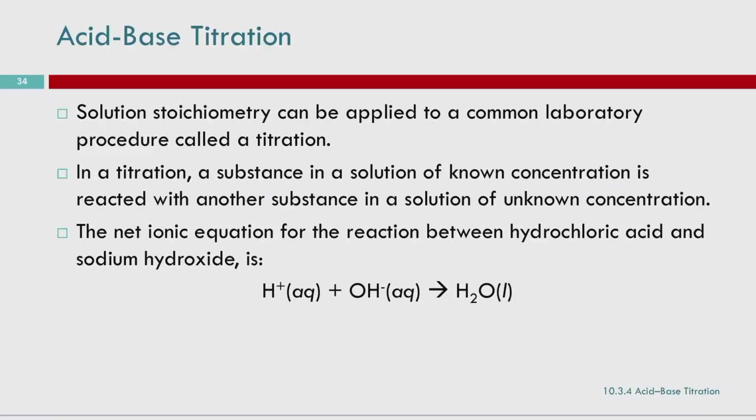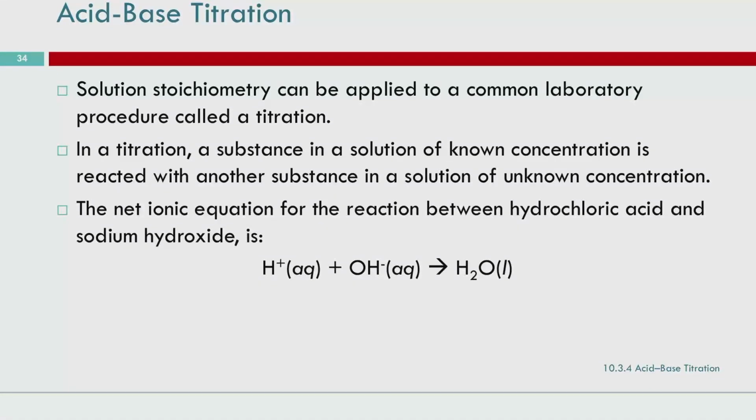We know what the concentration of the chemical is. We're going to add that to another chemical that we don't know what the concentration is. And we put in an indicator so that we can tell when the reaction has completed, when we've reached that stoichiometry point. And then it changes colors, and then we can figure out, based on how much we added, what's the concentration of our unknown.